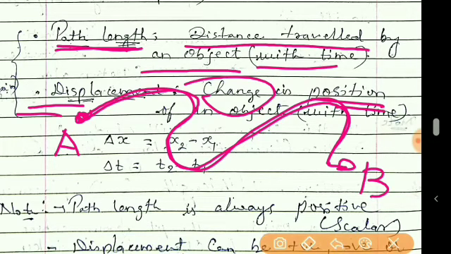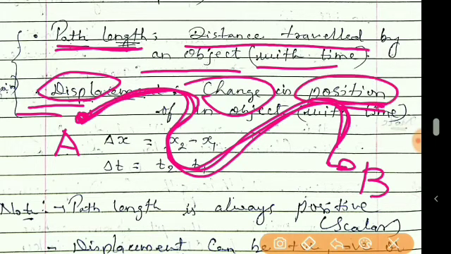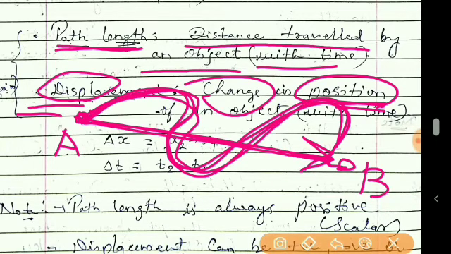Remember students, the path length is considered for the whole path, but when displacement is to be mentioned, it is only the change in position. So here in this case, displacement is this much, the distance in a straight line, that is to be considered. So here we can say that the path length is more, but displacement is less.